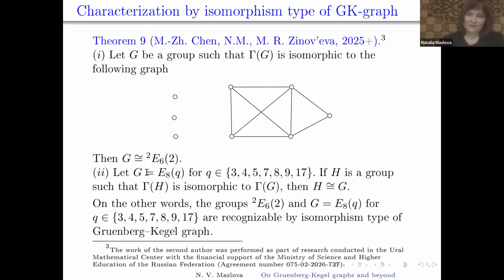If you consider the group 2E6(2), its graph is presented in the picture. It is a rather small and nice graph, and this graph uniquely determines the group.